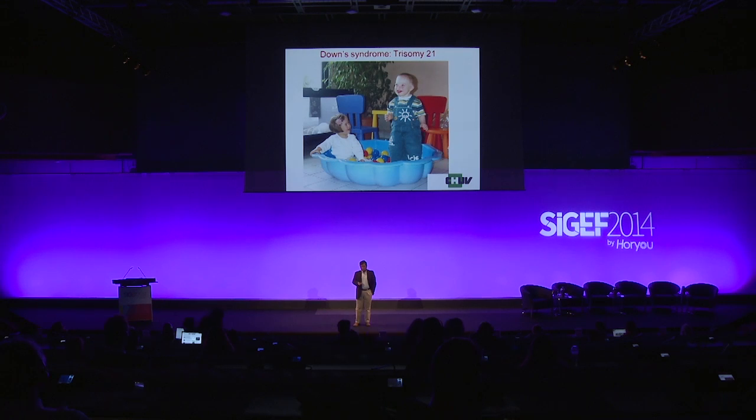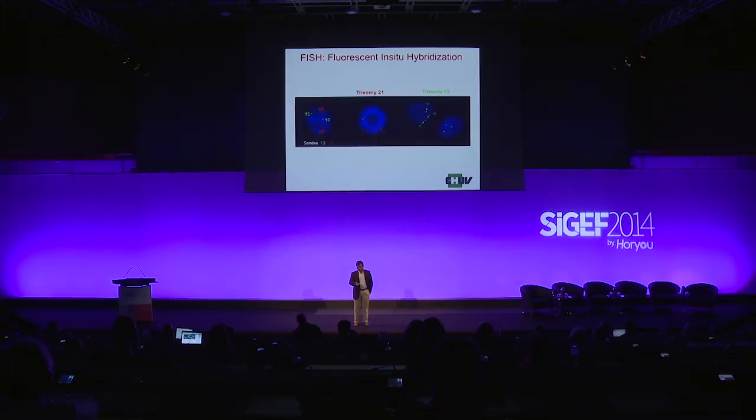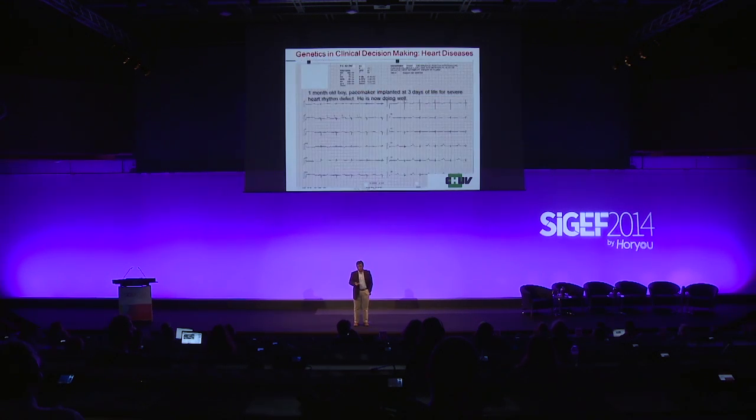These are 2 Down syndrome babies, and what happens is that instead of 2 copies of chromosome 21, they have 3. We can also diagnose this in the amniotic fluid or in cells like this using in situ hybridization, which produces signals. You can see there are 3 signals for chromosome 21. So this is a new technology.